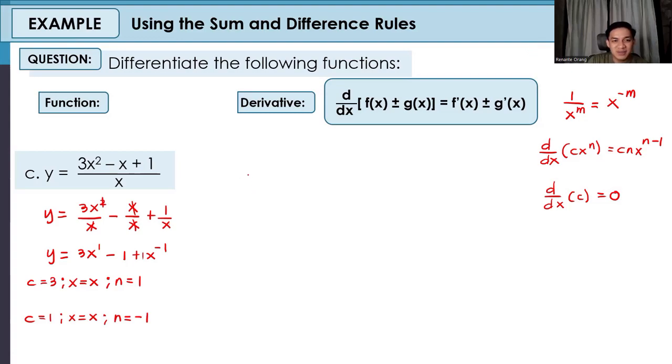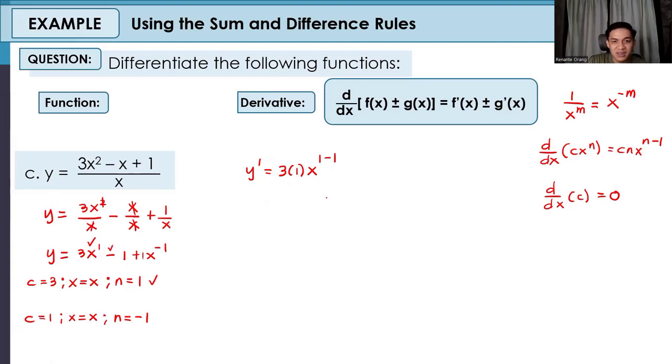Proceed po tayo sa differentiating y prime. Ibig sabihin na derivative of our y is equivalent to, focus tayo dito, ito muna, which is this one. Constant multiple rule tayo. Constant natin is 3. N natin is 1. X natin is x. N is 1 minus 1.